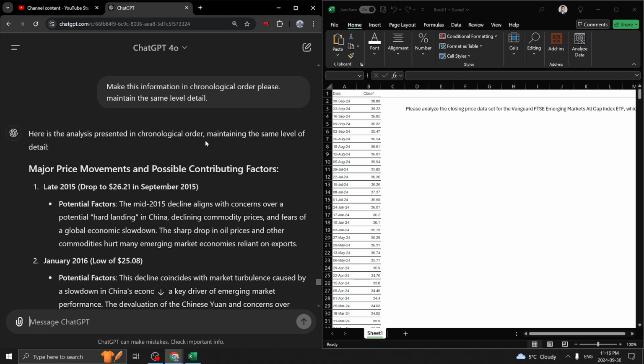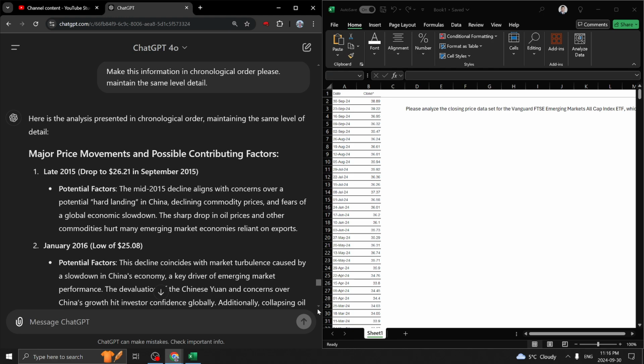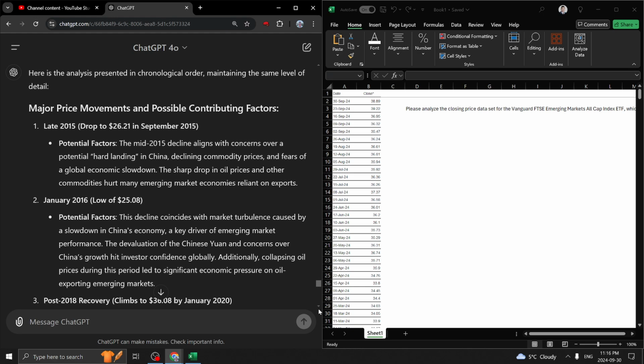Okay, here's the analysis in chronological order. Late 2015, dropped to 26.21. Use drawdowns and climbs. Use percentage drawdowns and percentage upswings rather than using dollars.